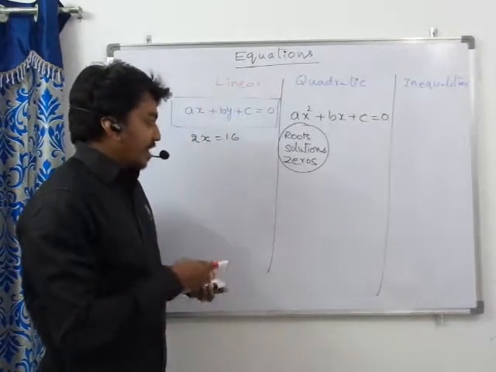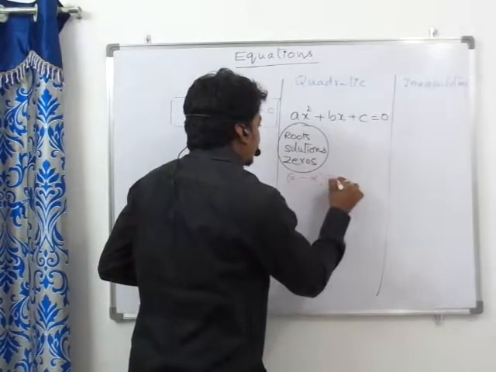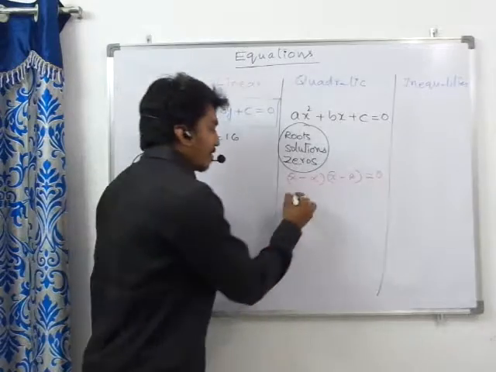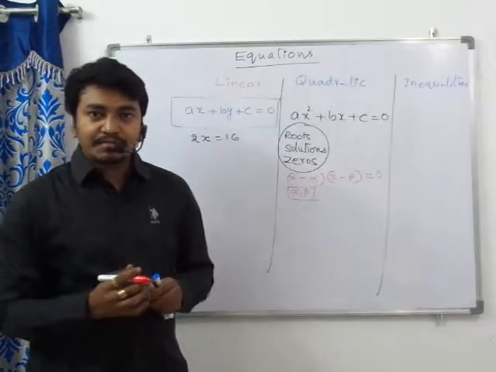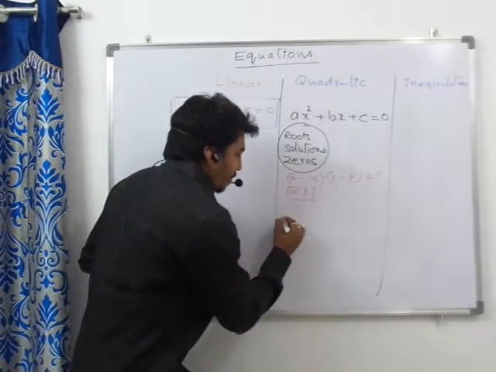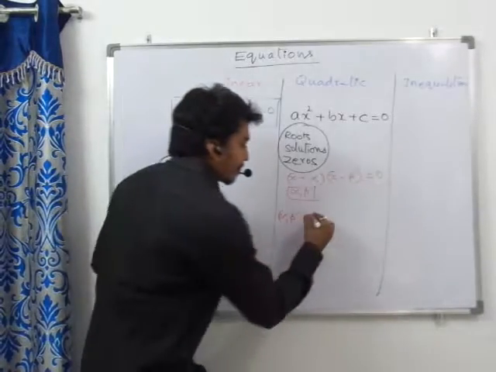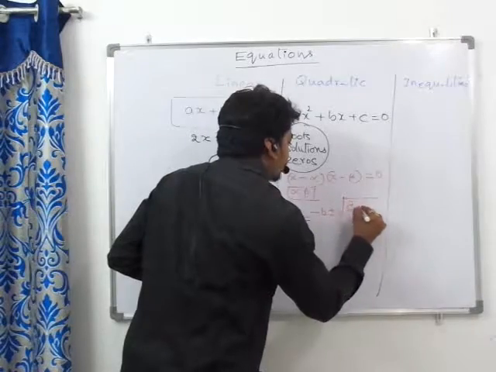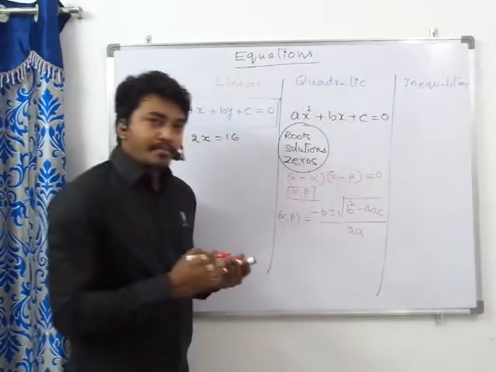Any quadratic equation can be expressed in the form of (x minus alpha)(x minus beta) equal to 0, where alpha and beta are the roots of that quadratic equation. You can follow the factorization method, or if you don't know how to factorize, you can use the formula: minus b plus or minus under root b squared minus 4ac, divided by 2a.